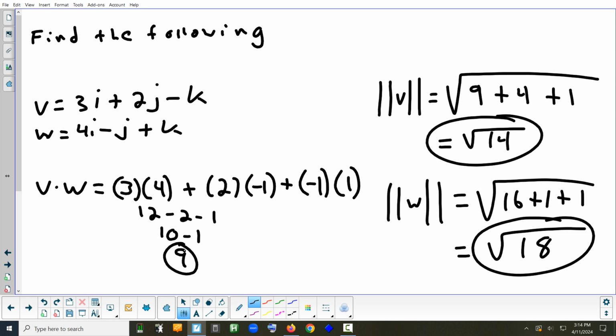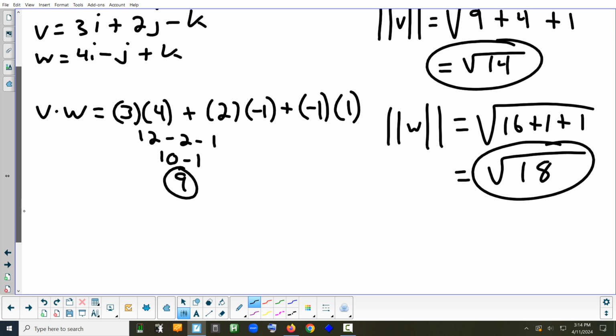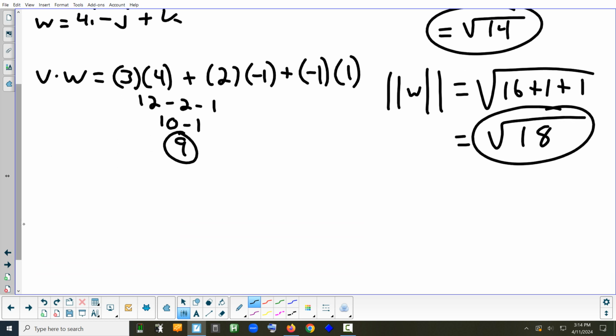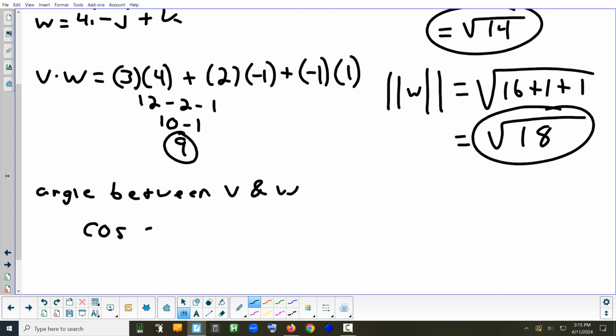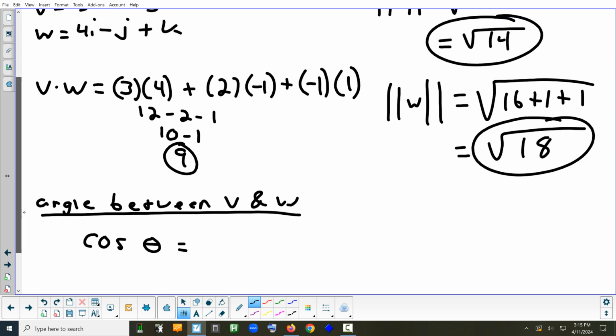To find the angle. Yeah, so now we're going to find the angle between v and w. What's the formula to find the angle between v and w? Cosine theta is equal to u dot v over the magnitude of u and the magnitude of v.